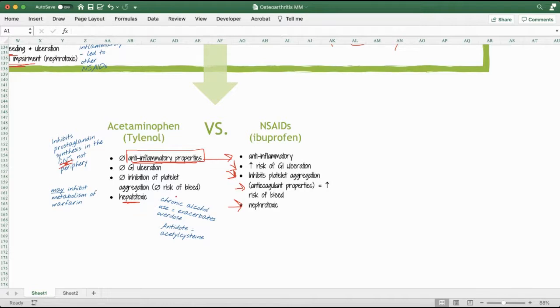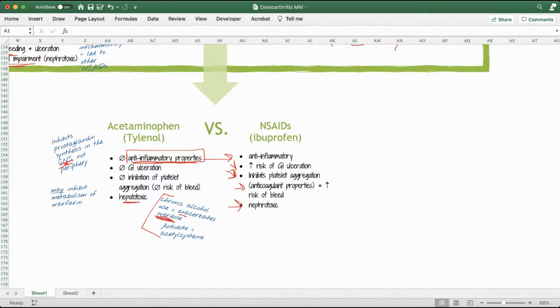The only time, and this is a good thing to remember, chronic alcohol use will exacerbate this hepatotoxicity, but only if you take too much Tylenol.